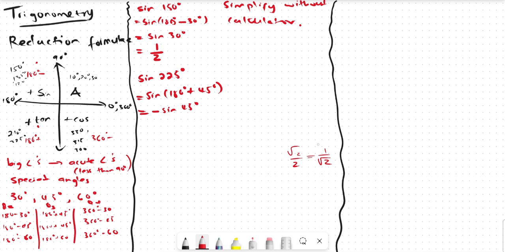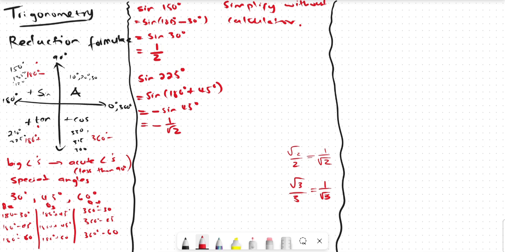The other one that will be tricky with the calculator is root 3 over 3. If you get root 3 over 3, write it as 1 over root 3. We are cramming now. The exam is close by. So I got negative sine 45 as root 2 over 2, and I'm going to write it as negative 1 over root 2.